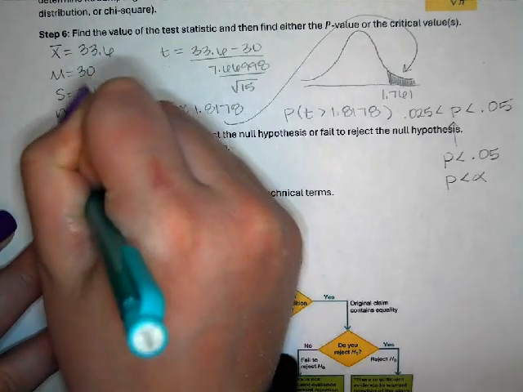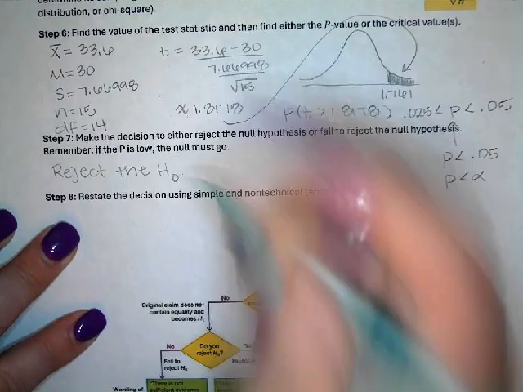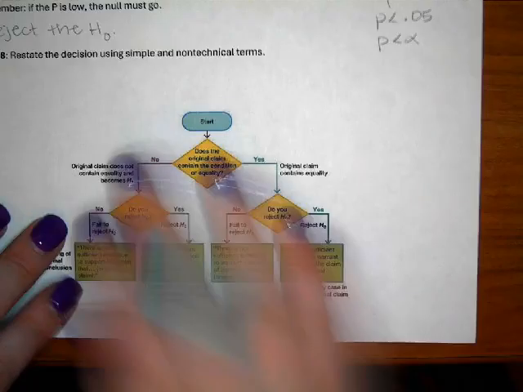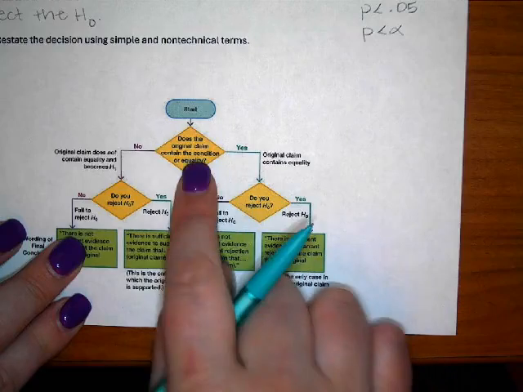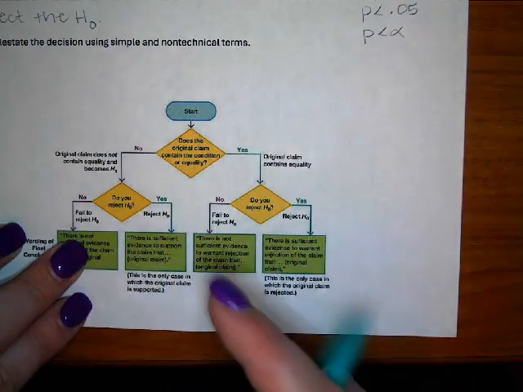Okay, so to write our sentence, does the original claim contain the condition of equality? The original claim was that mu was greater than 30, so it does not. Do we reject or fail to reject? We reject.